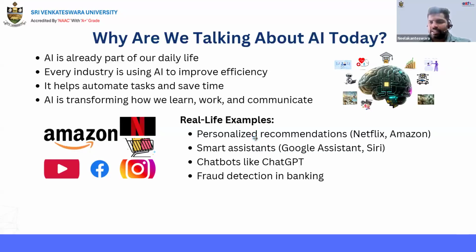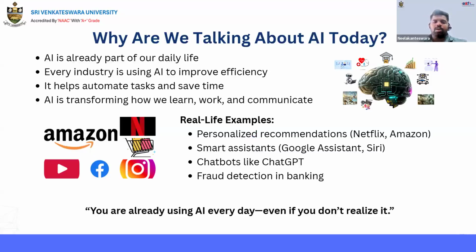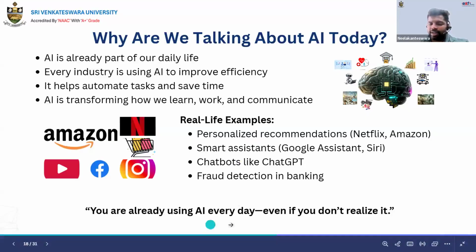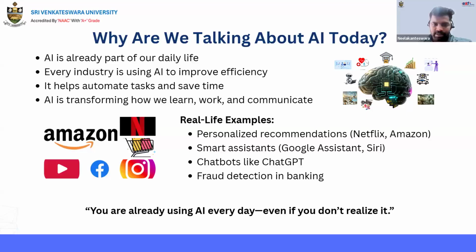These are the real-life examples where we are using AI. You are already using AI every day, even if you don't realize it. That is how we are already using AI.